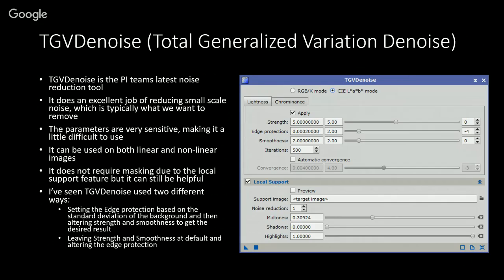Like the others, you can operate on the luminance and chrominance separately. TGV denoise works in Lab mode instead of XYZ mode. Lab mode uses a lightness and A and B components rather than a luminance, which is the Y component of an XYZ color space. They're very similar though, so functionally it's equivalent here.